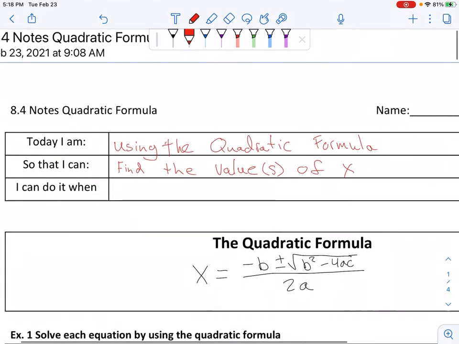You can do it when you plug in and solve for x. And we're going to do that in the quadratic formula.